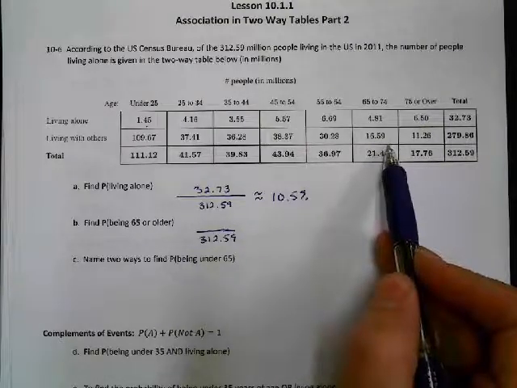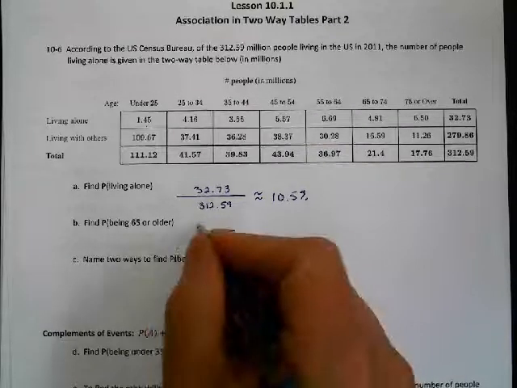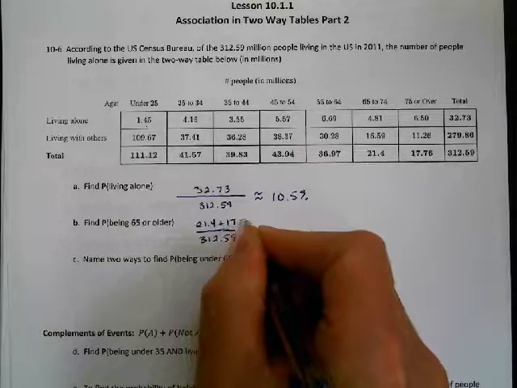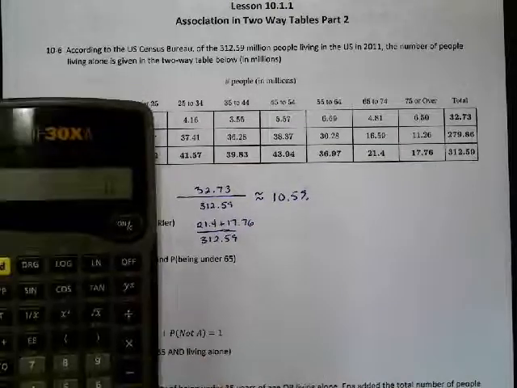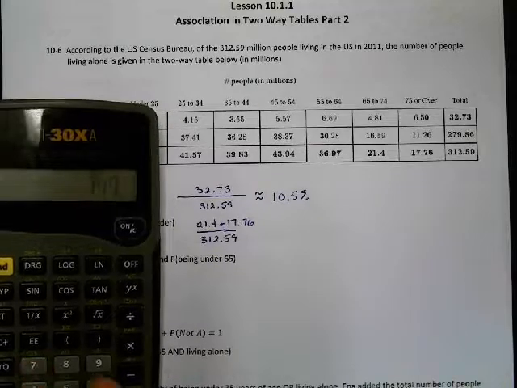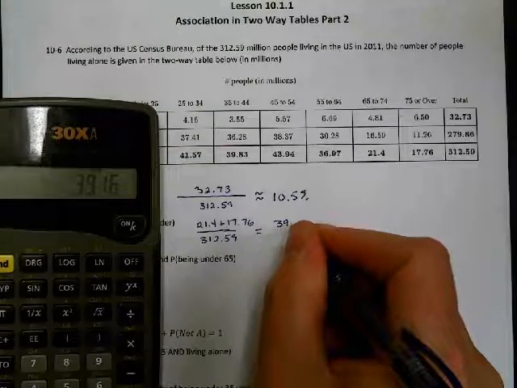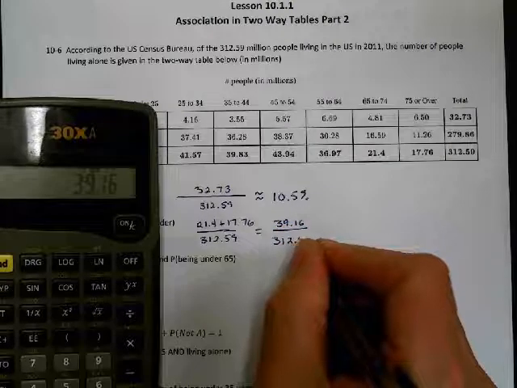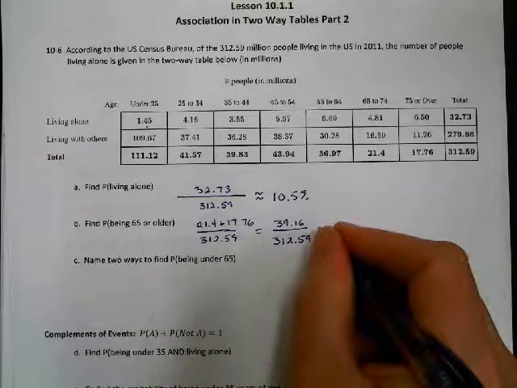They're all 65 or older. So I can just take these 2 columns and add them up. 21.4 million plus 17.76 million, I end up with 39.16. Then I'm going to divide by 312.59. Plug it into my calculator, and I get 12.5%.